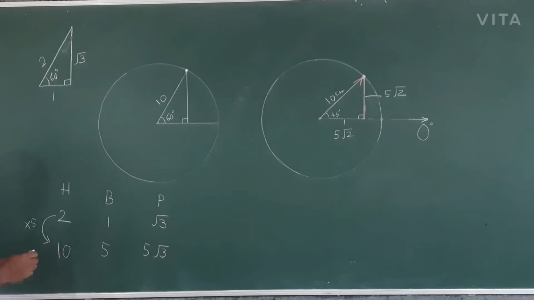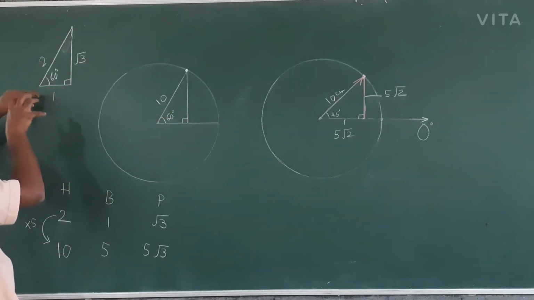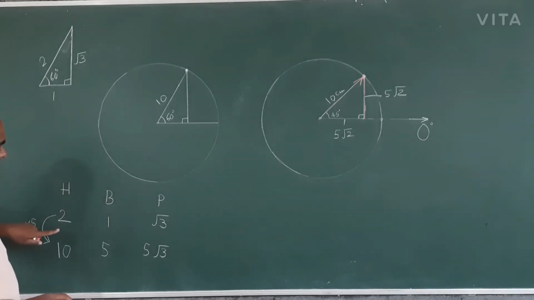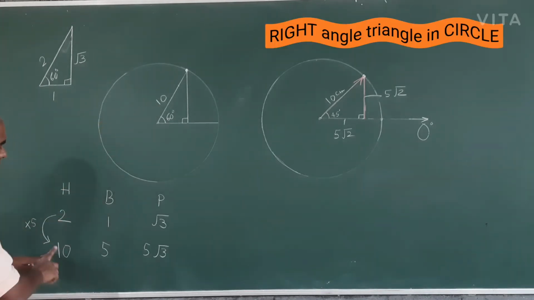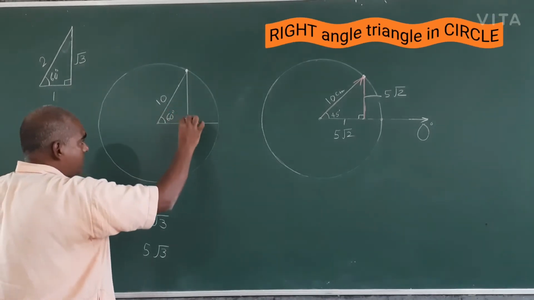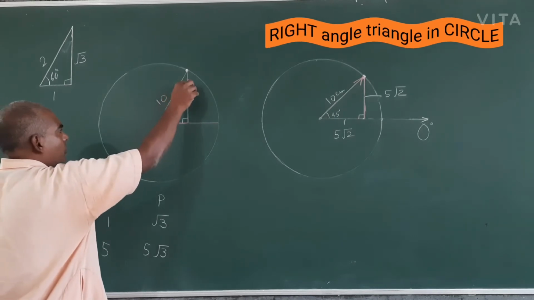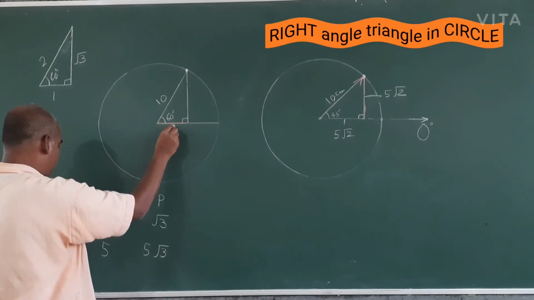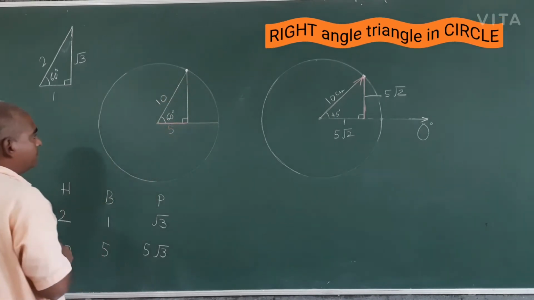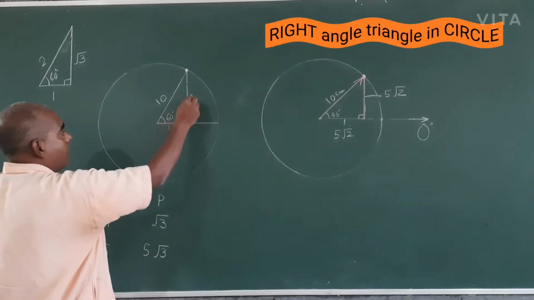This is the ideal unit right angle triangle. So if this is 10, the base, opposite to the 30, will be 5, and this is 5 root 3.